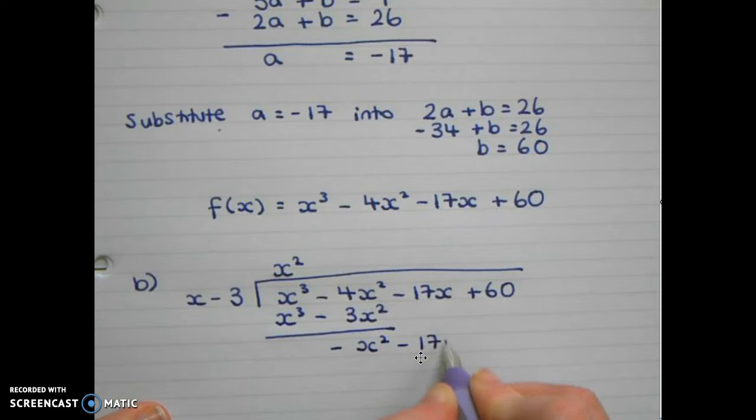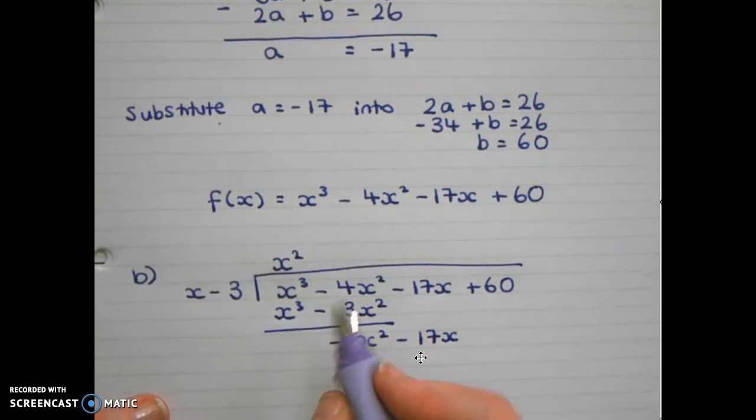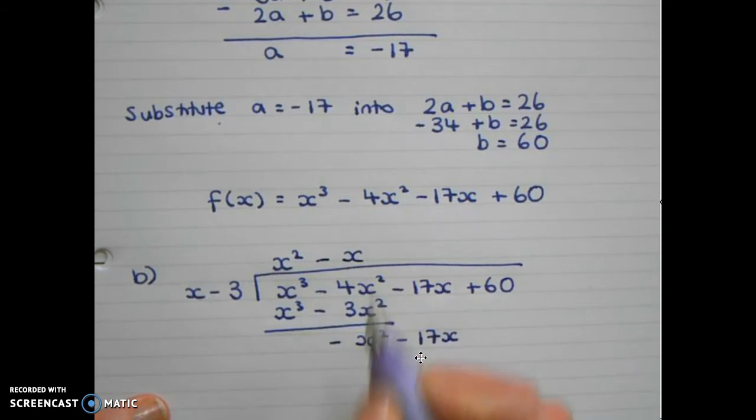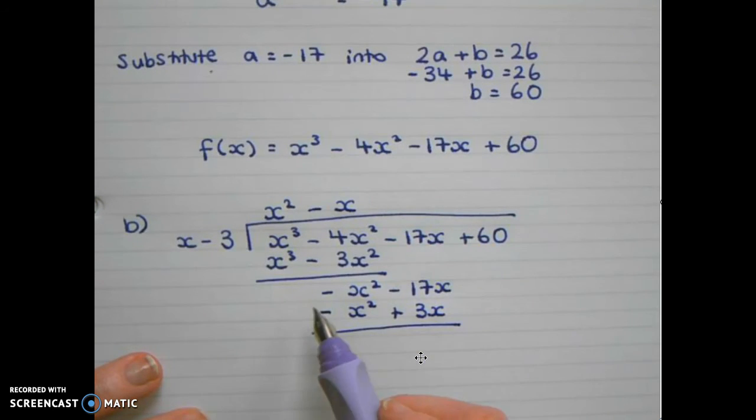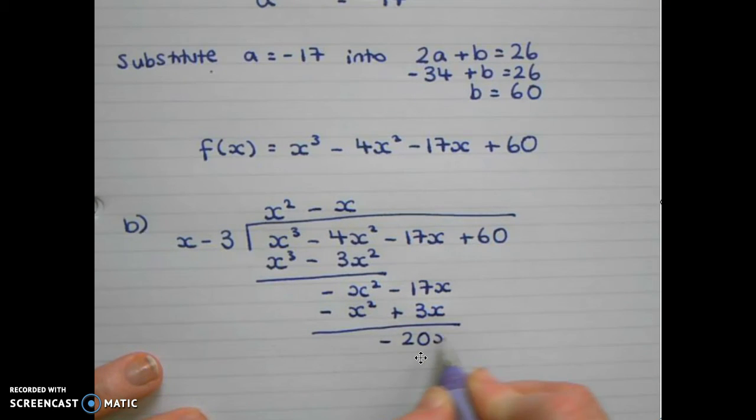Bring down the 17x. What do I need to times x by to get that minus x squared? That's minus x. If I times by minus x, I get minus x squared plus 3x. Do my subtraction. Minus 17x, take away 3x is minus 20x.